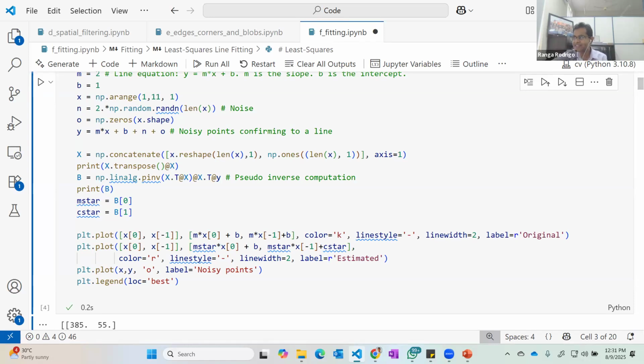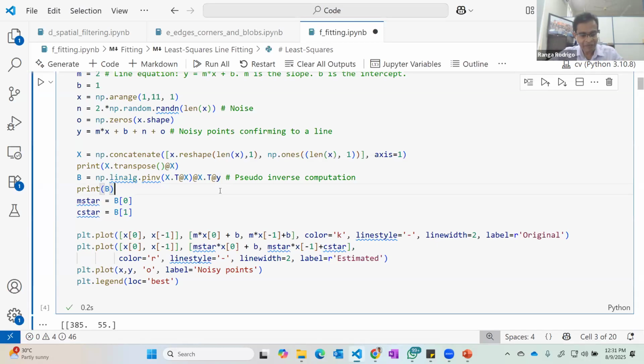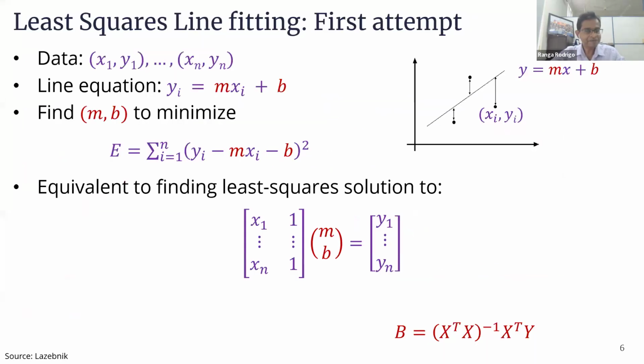Any questions about this? Is that okay? Okay. Then let's move forward. I hope you understand that. And then let's discuss the problem that this method has.